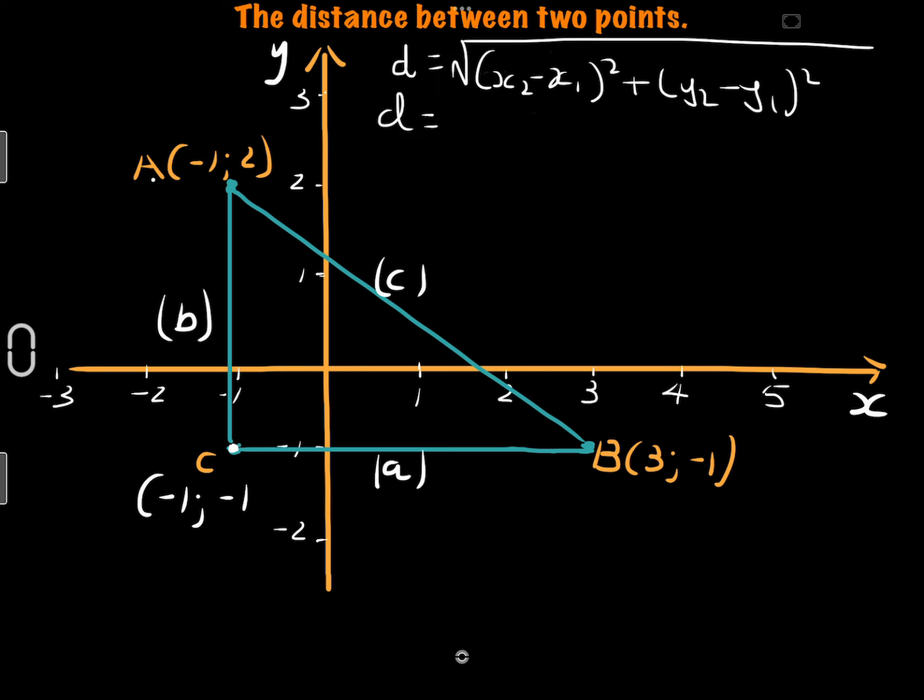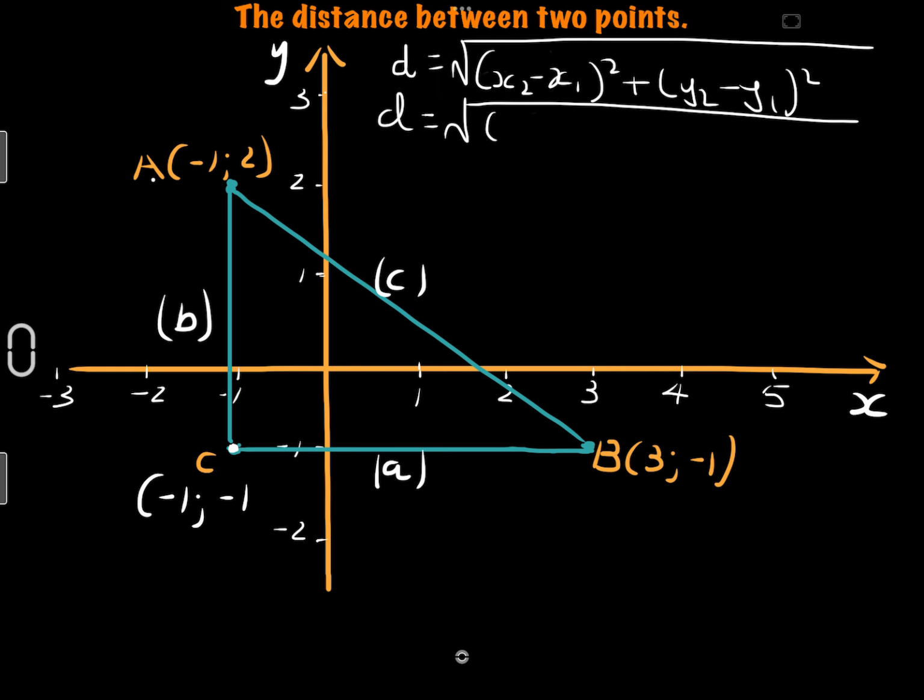D, or distance, is equal to, by substitution, because now we're looking at side AB, you can just simply use that application. So now using the distance formula, we have our coordinates.